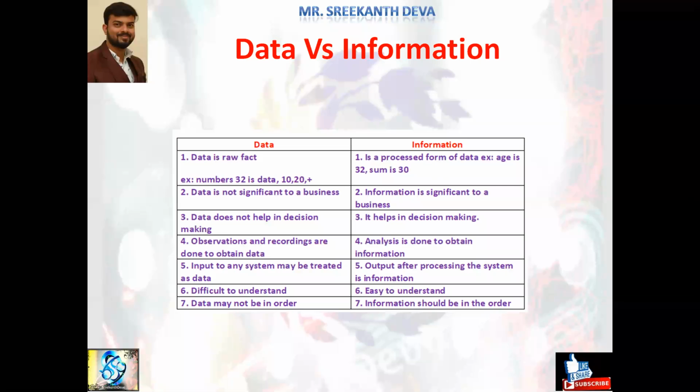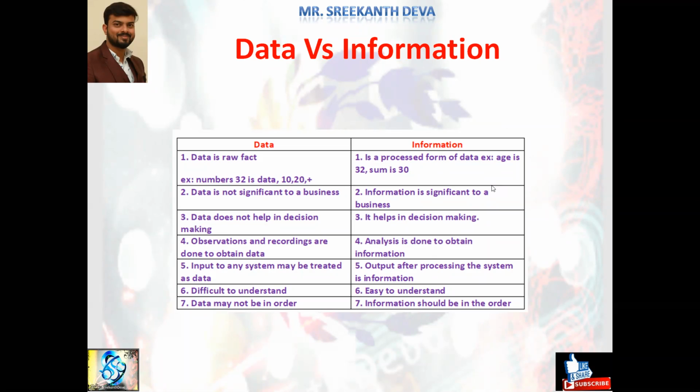But information is the processed form of data. It provides some meaning to the data, like age is 32, sum is 30. Because with 10 comma 20 comma plus, I am passing the symbol plus, the processor internally does the operation 10 plus 20, and the result becomes 30.